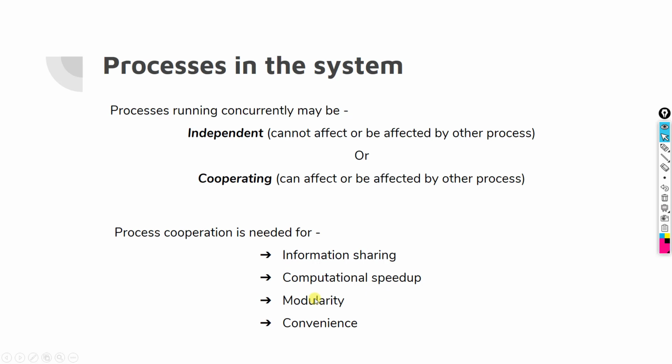Whenever you implement a system, the basic idea is to make the system modular. I mean, you will create separate modules first, and all those modules together will make the system. So to achieve modularity, the modules or processes need to communicate with each other, right? So process communication is needed for modularity, and also for convenience.